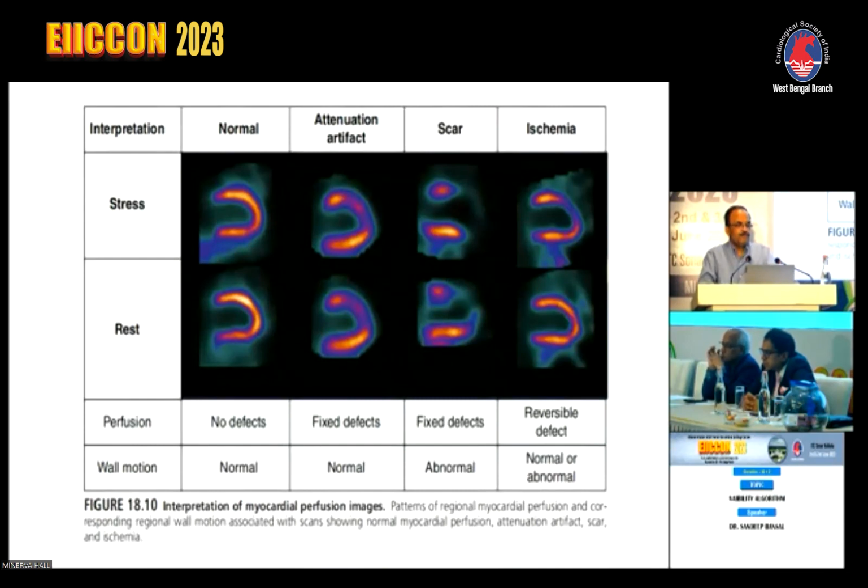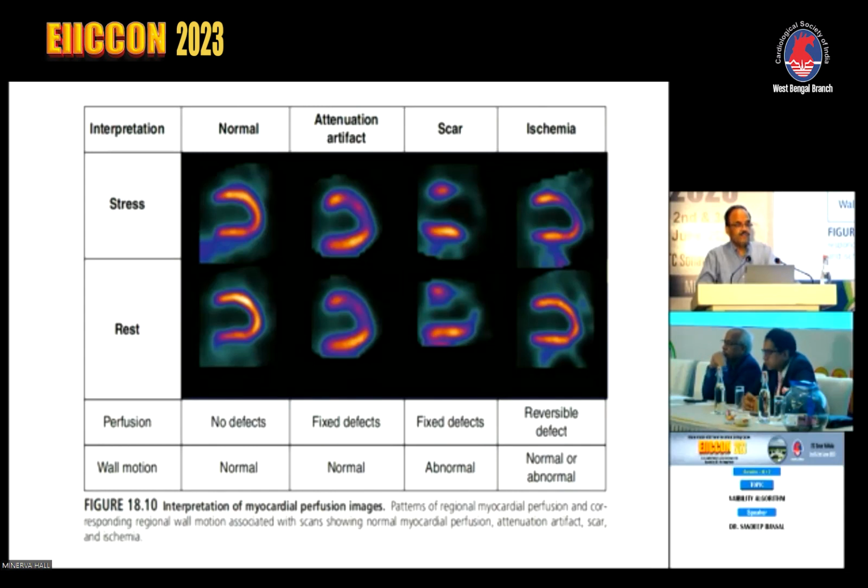The first one is normal, which is showing orange color in the entire thickness of the myocardium, both at stress and at rest. Sometimes defects may be present both at rest and at stress. These are large areas, not specific to a vascular territory.